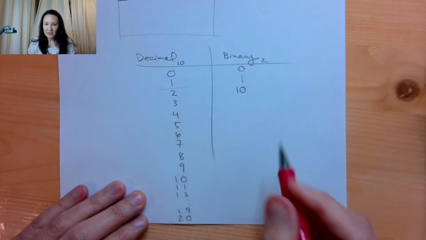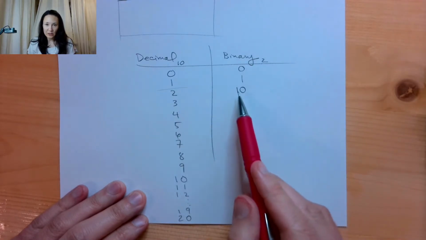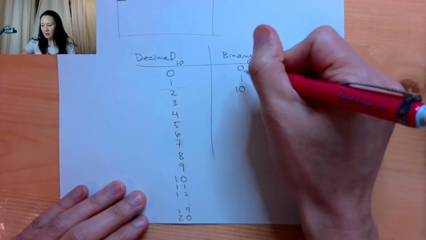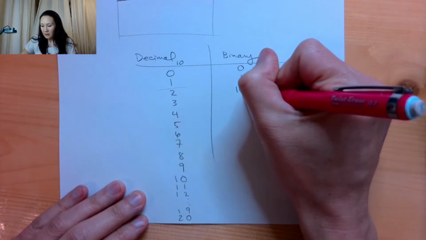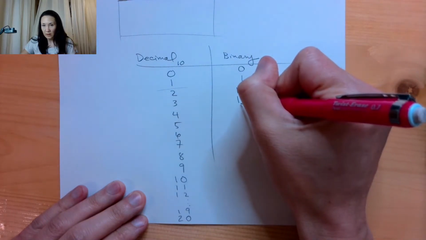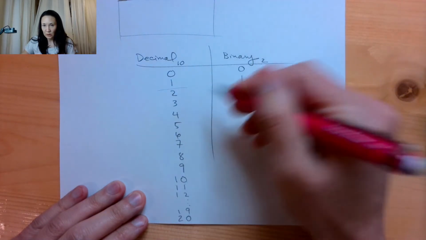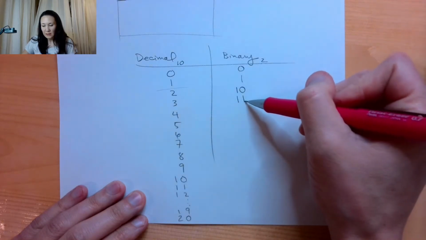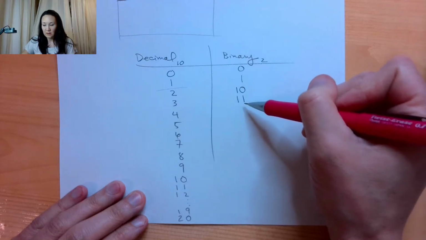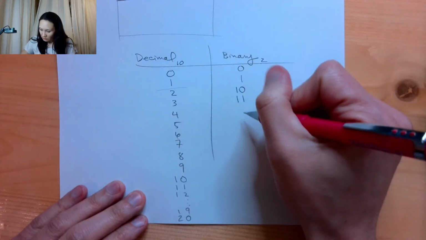It looks like 10, but it's actually 2. Then I can iterate the 1's place to a 1. It looks like 11, but it's actually binary 3. Now at this point, I'm all out of numerals in both the 1's and the 10's digit, so I do the same thing as before.